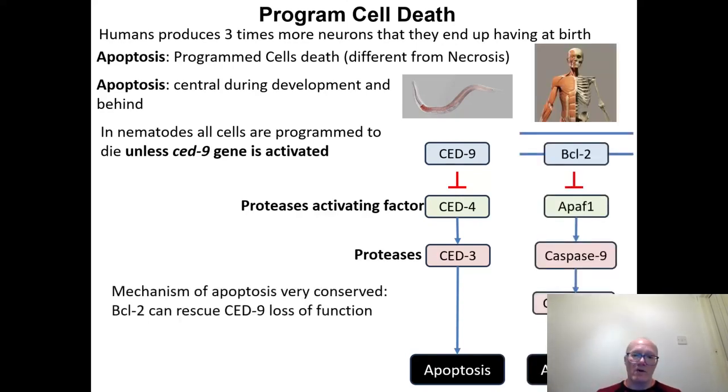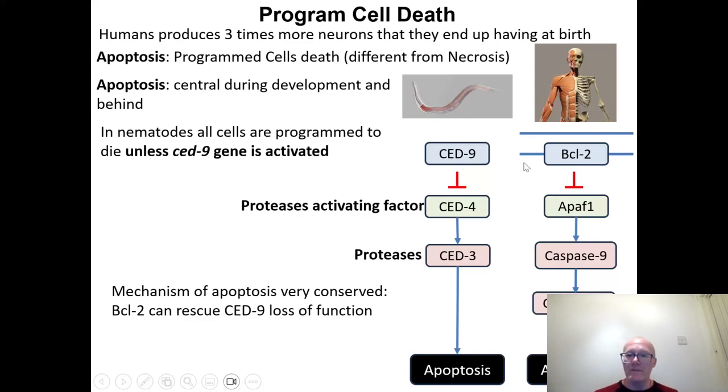The human apoptotic program is very similar. Actually, it's almost identical. It starts with BCL2. BCL2 is an inhibitor of APAF1, and APAF1 is a protease activator factor.